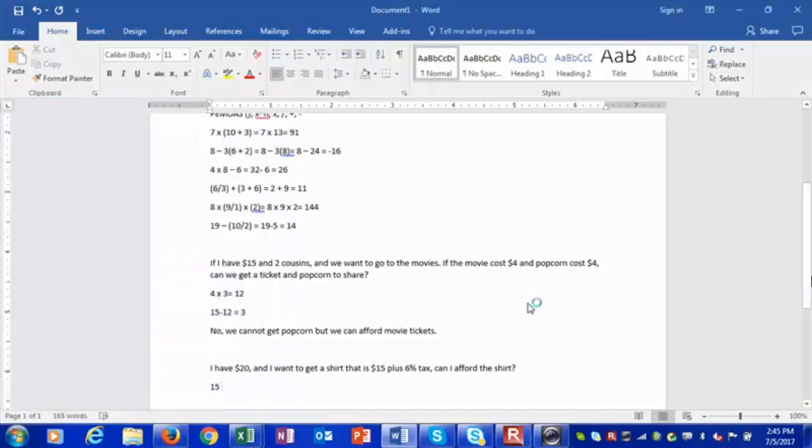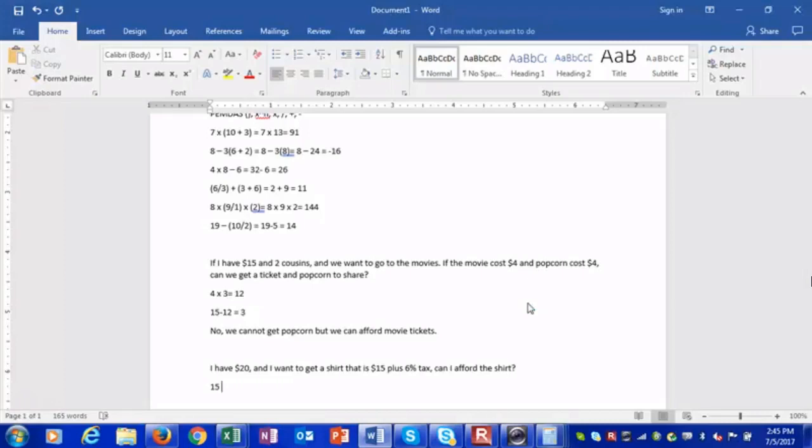I guess I'll have to bring it up on my phone. 15 times 0.06 is 0.9. 0.9, which is $15.90. I do have enough to buy the shirt. And of course, I have a few dollars and cents left over.